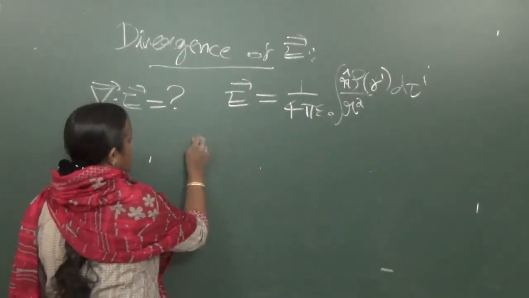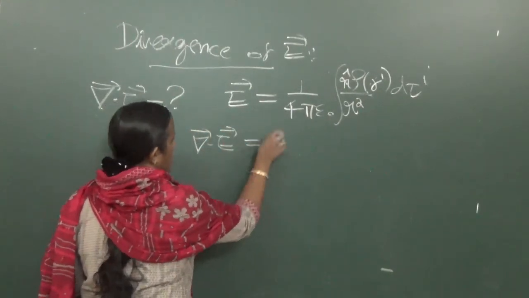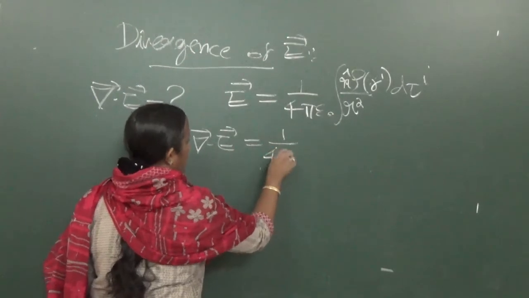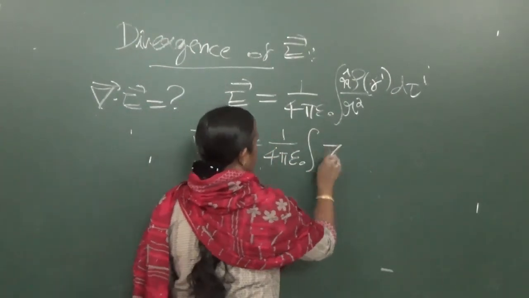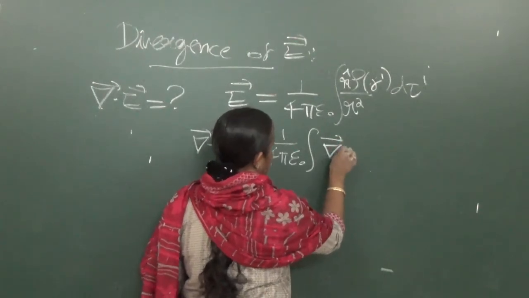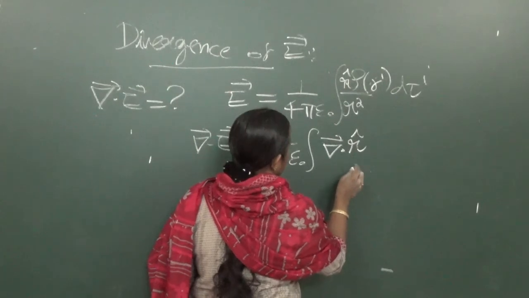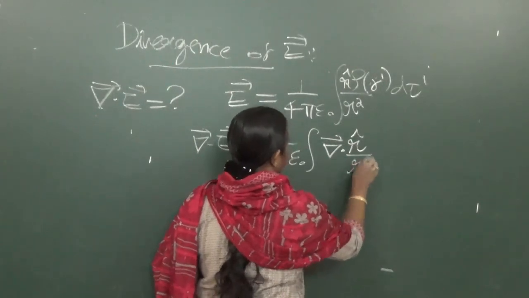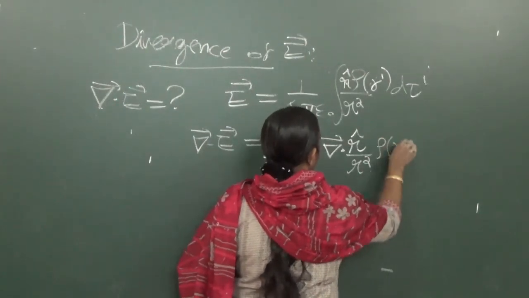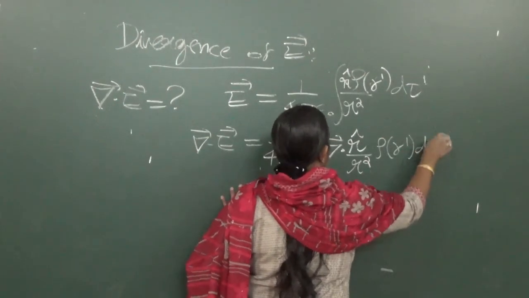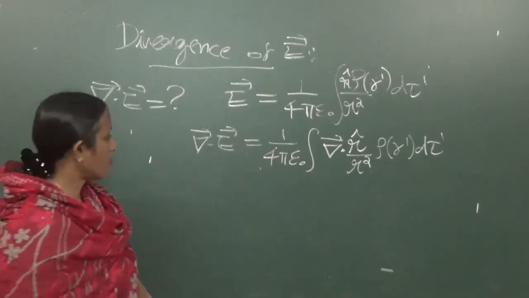Now we want to take this divergence. So del dot E equal to 1 by 4 pi epsilon 0 integral del dot R cap by R square, rho R prime d tau prime.